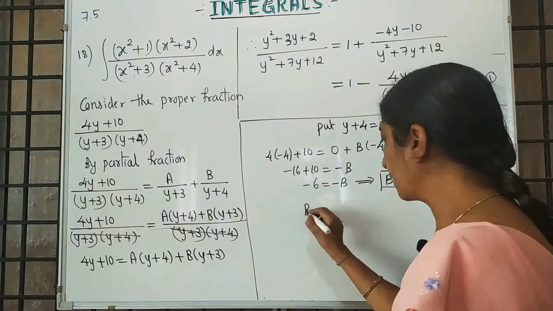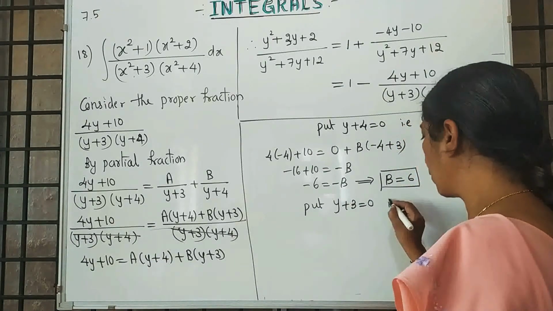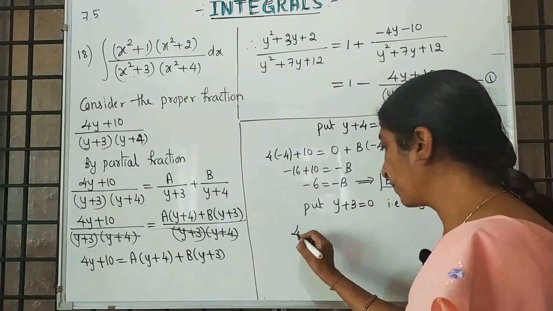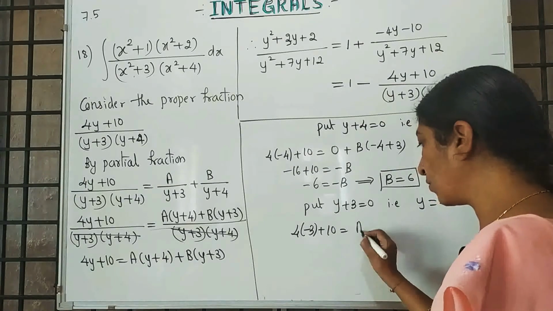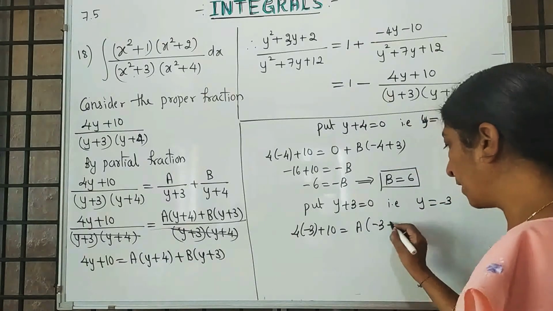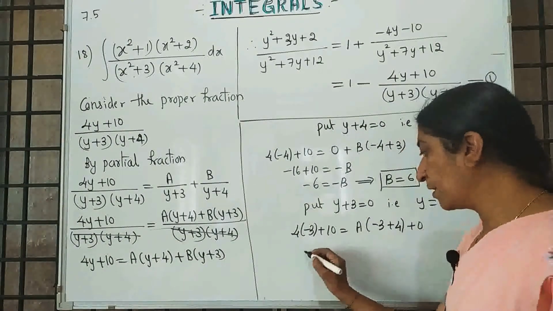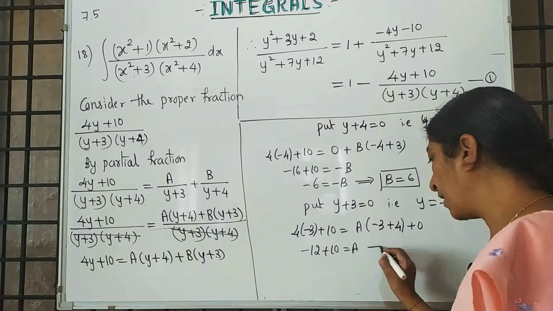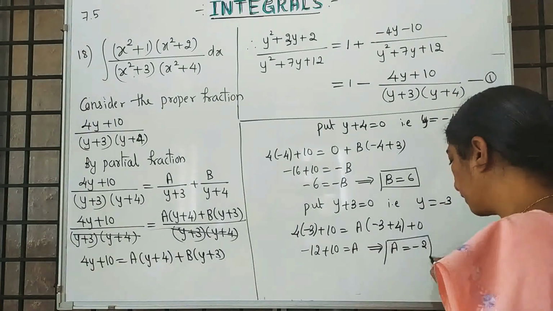Next bracket. Put y + 3 = 0, that is y = −3. 4(−3) + 10 = A(−3 + 4) and B is 0. Why? Because −3 + 3 is 0. −12 + 10 = A, which implies A = −2.